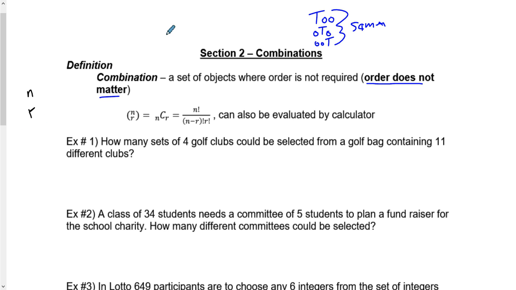It's the same kind of idea, that N, no matter what it is, is just the total number of objects. The R value is how many are being used. So you'll notice in this factorial notation, it looks very similar to the NPR.